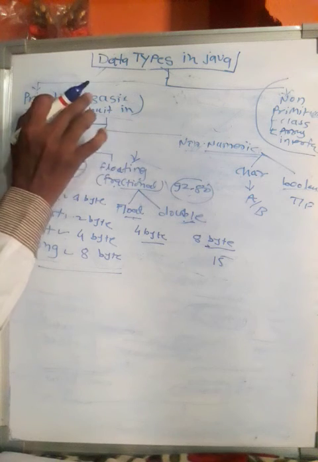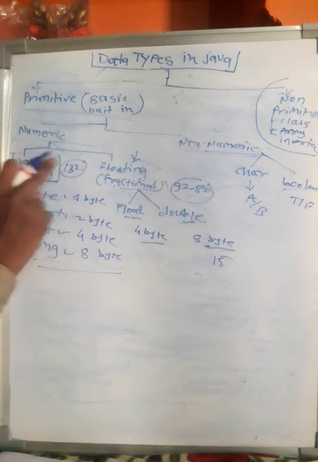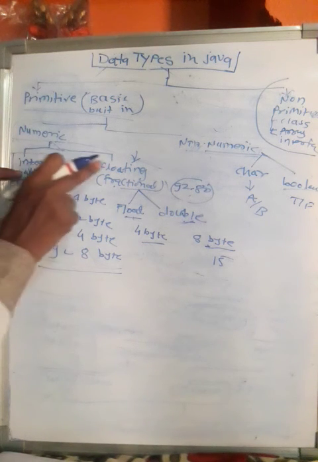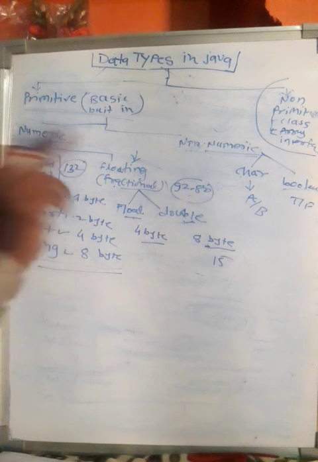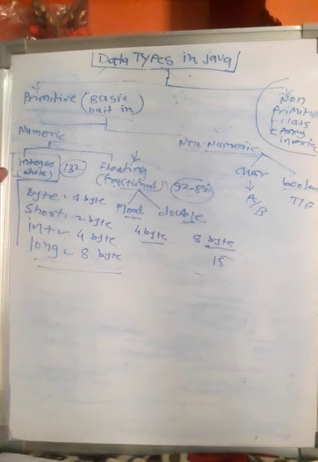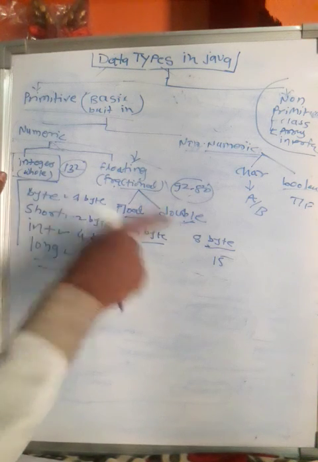Main: primitive, basic, built-in, numeric, non-numeric. Numeric: integers and floating. Integer means whole, float means fractional. 92.8 is a fractional number. Integer is again divided into byte, short, integer and long. Floating points: float and double.